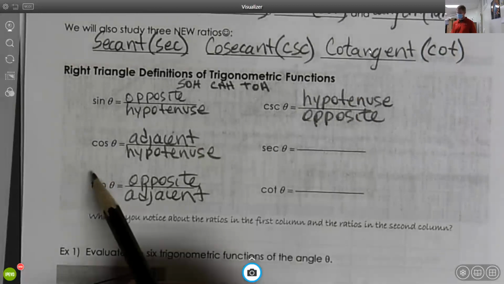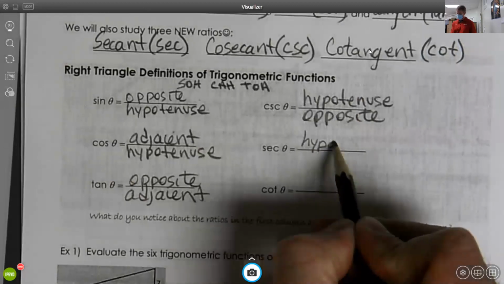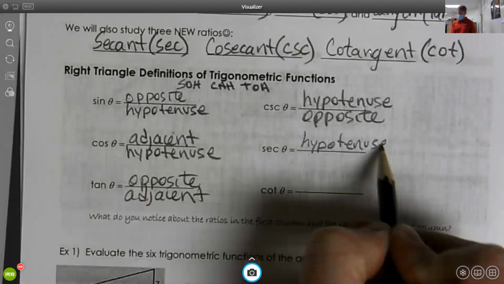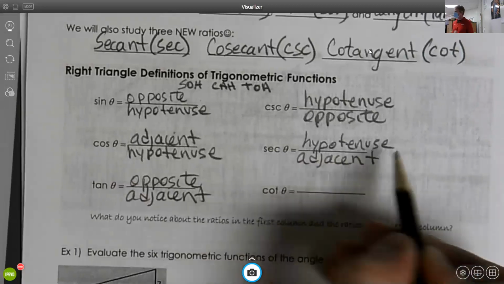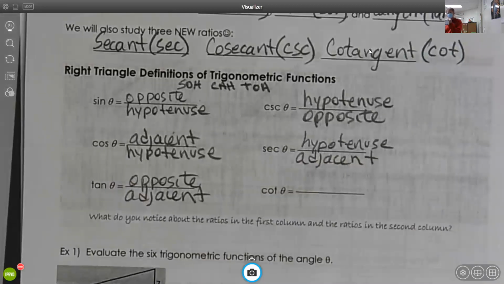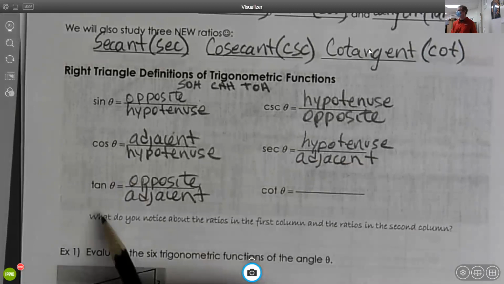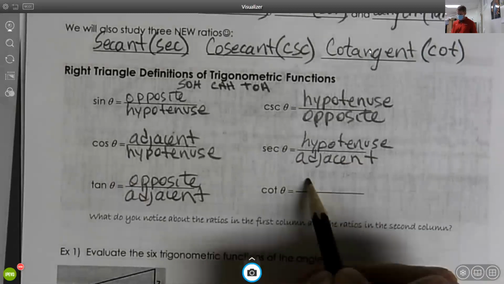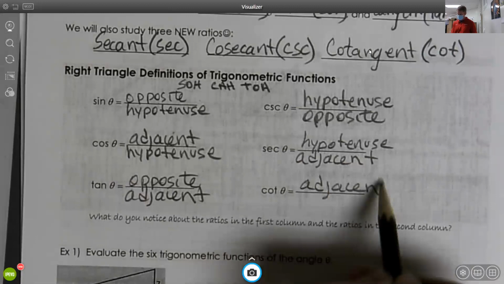They are reciprocals of each other, so we have hypotenuse over the adjacent. And then cotangent and tangent, in their names, you can hear it themselves. Those are related to each other. So adjacent over opposite.